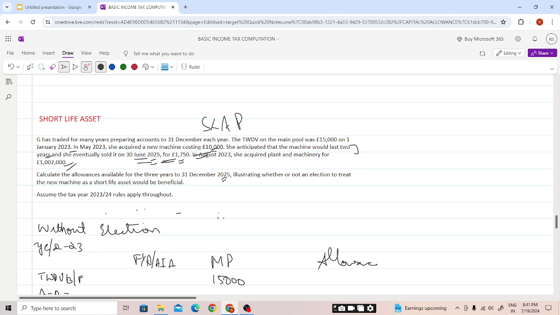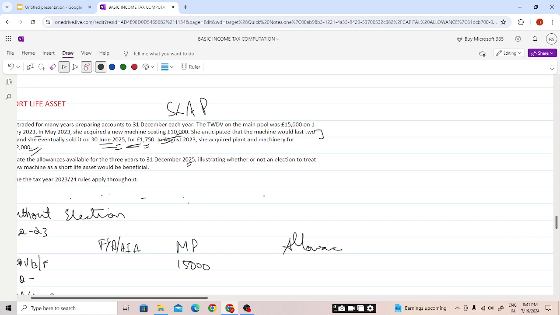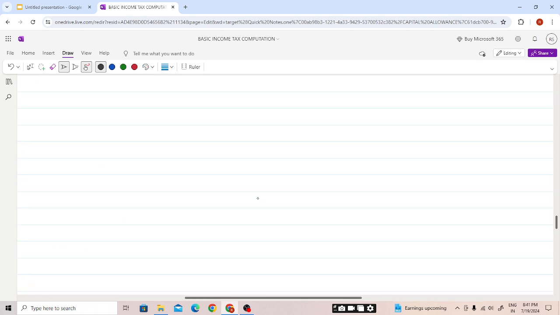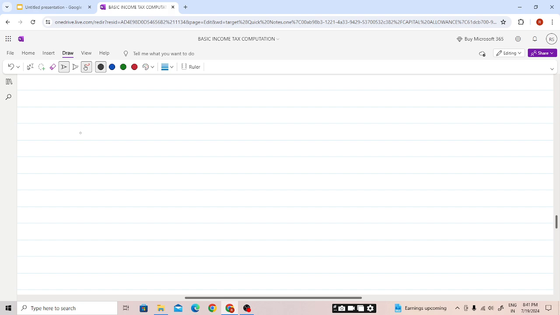Now we'll do it as per the election of short life asset pool. So FIA, AIA, main pool, short life asset pool, and directly the allowance columns.